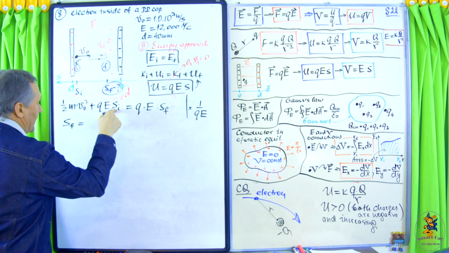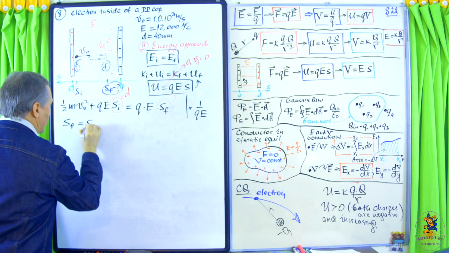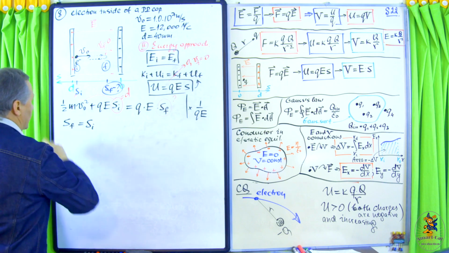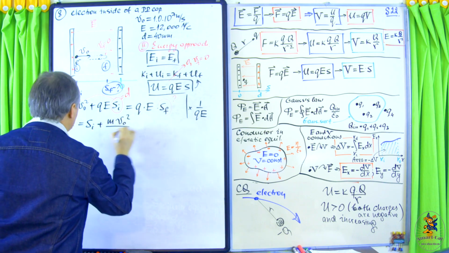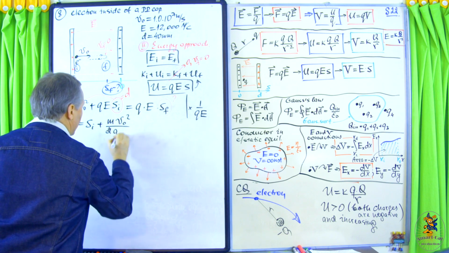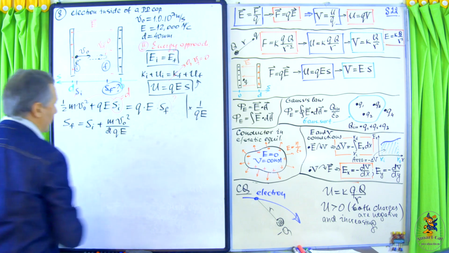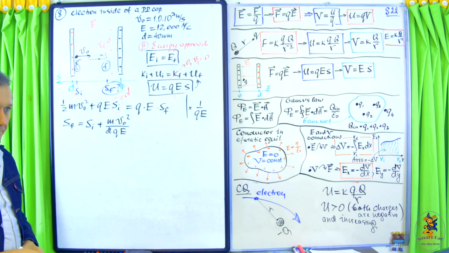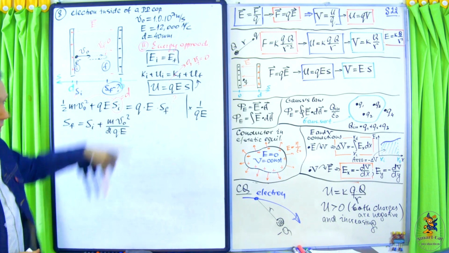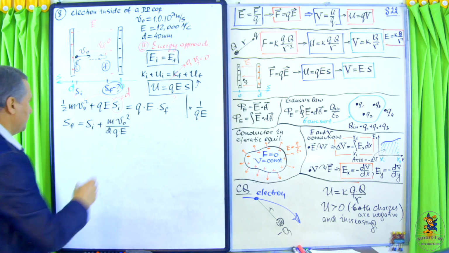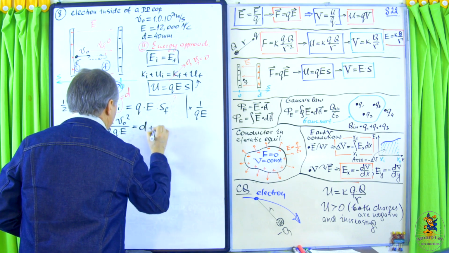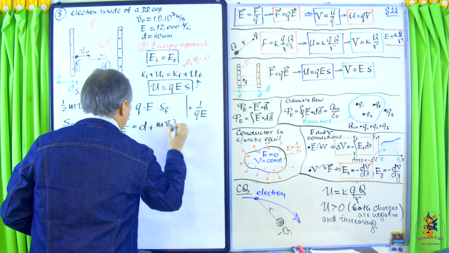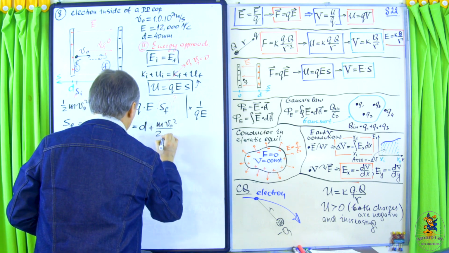So then this is S initial, and then plus m v naught squared divided by 2QE. And S initial is our D, plus m v naught squared divided by 2.